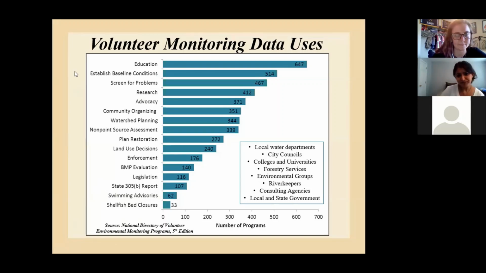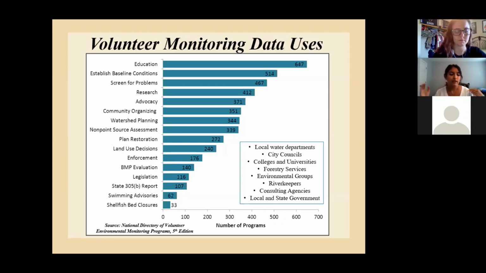All right, so this is just a quick little graph to show you the different ways that volunteer data can be used. A lot of times it's used for educational purposes. We have a lot of school groups that will go out and monitor and incorporate this protocol into their curriculum. But a lot of times it's used to establish baseline water quality conditions.